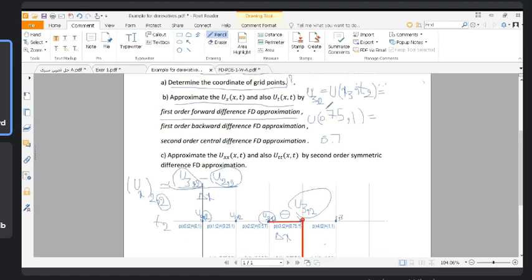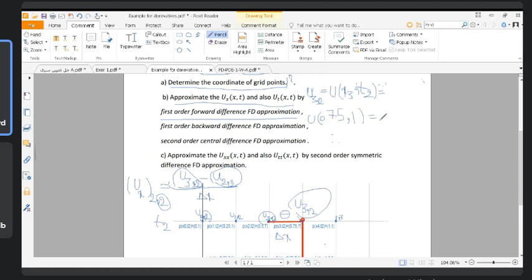U32 equals U at X3 and T2, which equals U at 0.75 and 1. What about this solution?